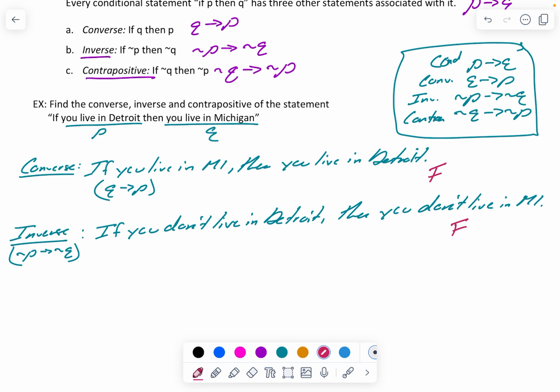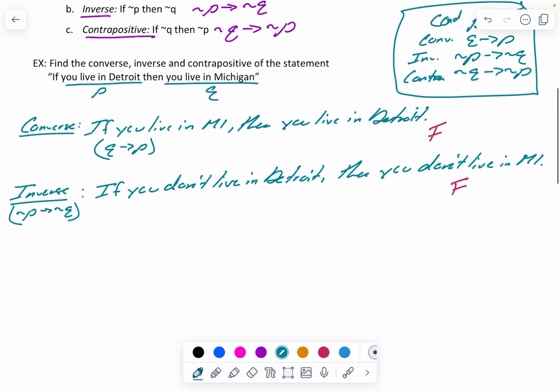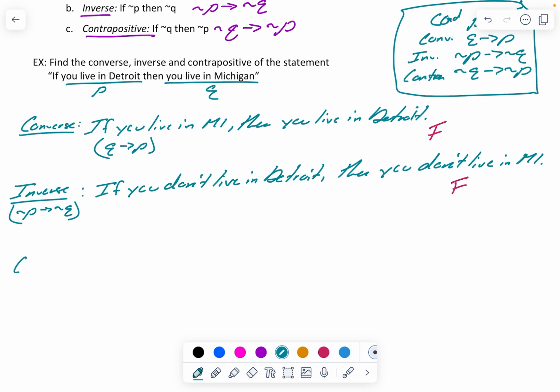I don't live in Detroit, but I do live in Michigan. So there you go. And then finally, the contrapositive.